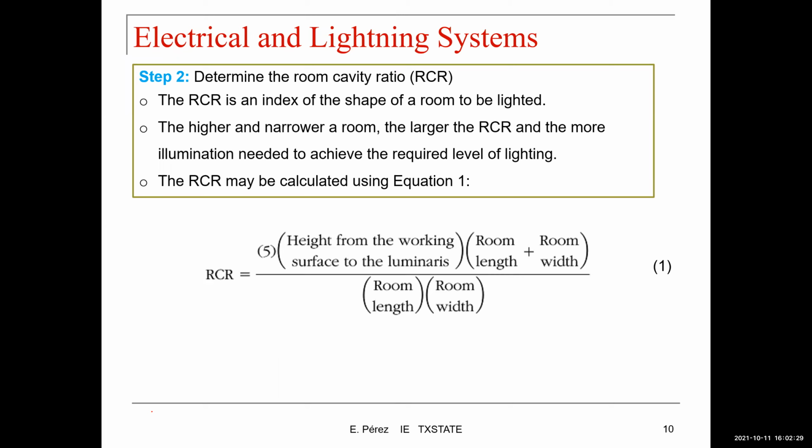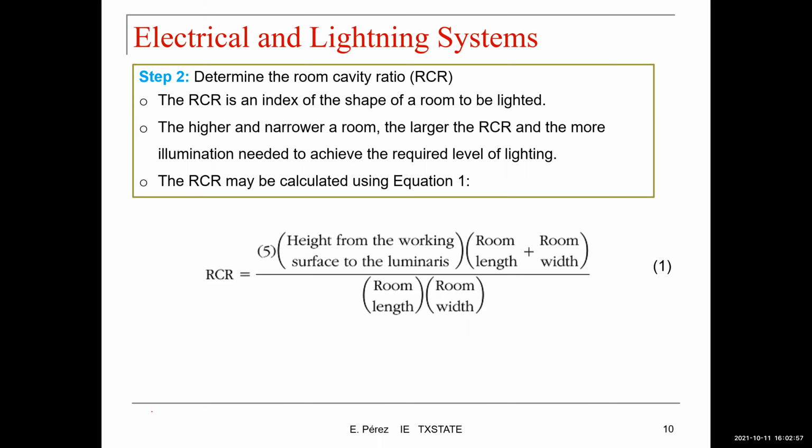Step 2 is to determine the room cavity ratio, or RCR. The RCR is an index of the shape of a room to be lighted. So the higher and narrower a room, the larger the RCR, and the more illumination needed to achieve the required level of lighting. The RCR may be calculated using this equation.